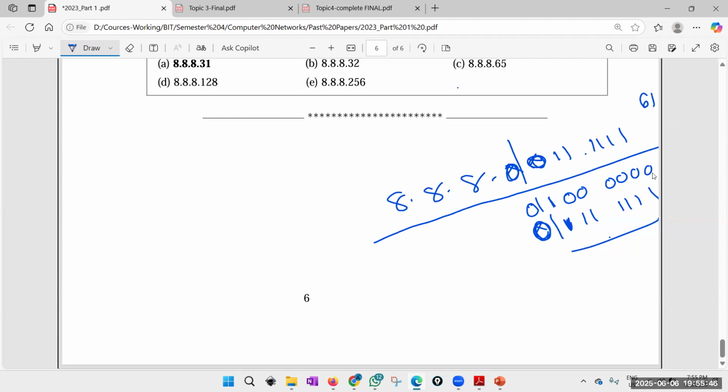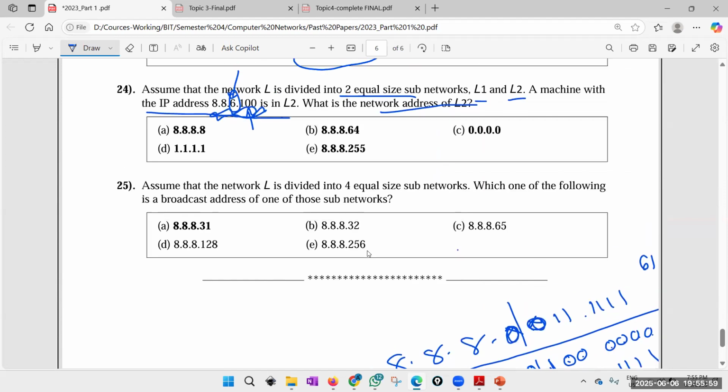So then it must be 1, 2, 4, 8, 16, 32, 64. 8.8.8.64. Do we have that answer? 8.8.8.64.